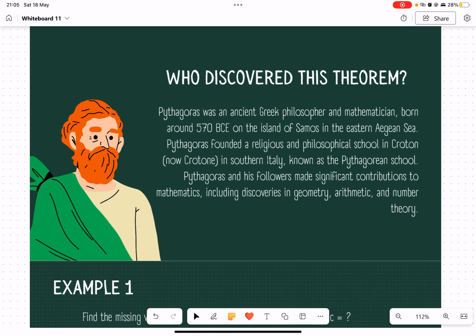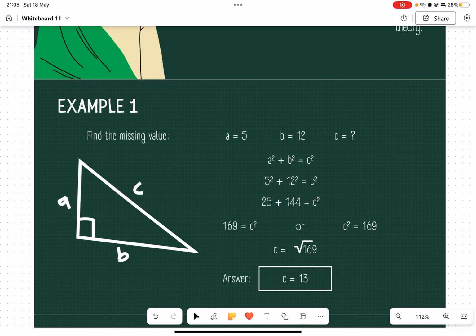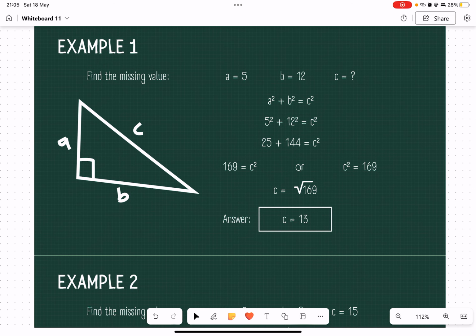Pythagoras founded a religious and philosophical school in Croton, now Crotone, in southern Italy, known as the Pythagorean School. Pythagoras and his followers made significant contributions to mathematics, including discoveries in geometry, arithmetic, and number theory. Perfect. So without wasting time, let's get to examples.